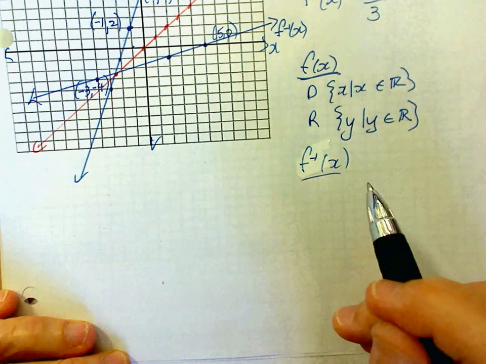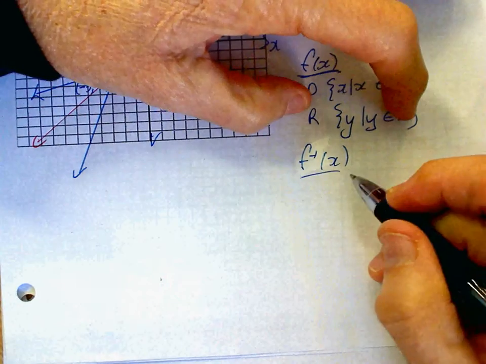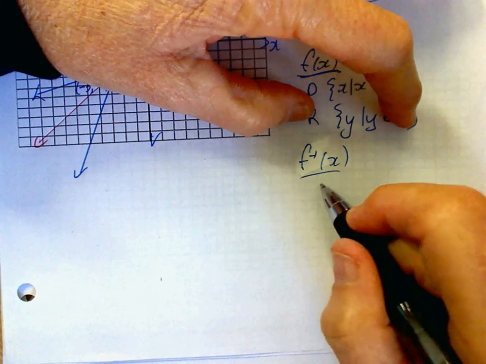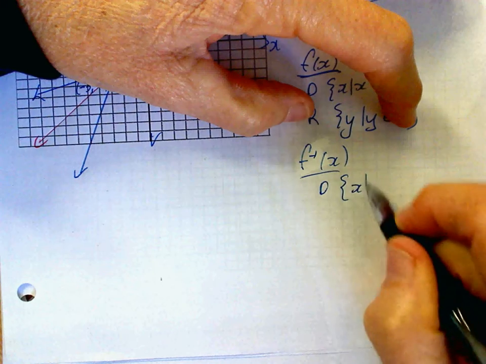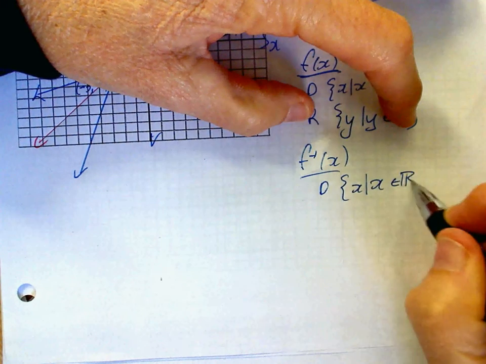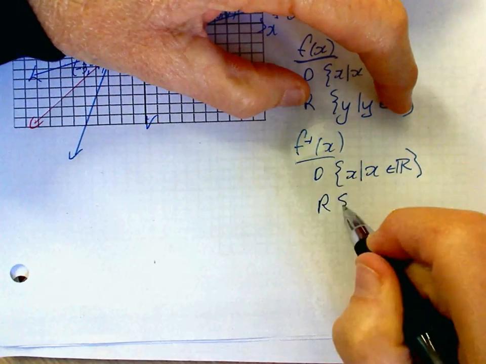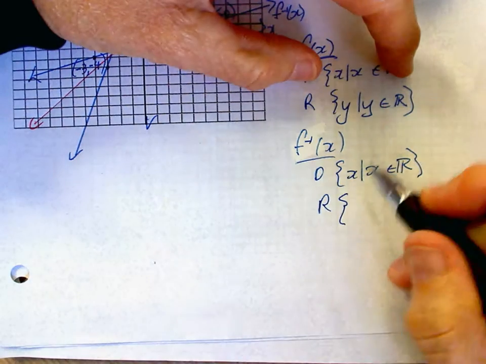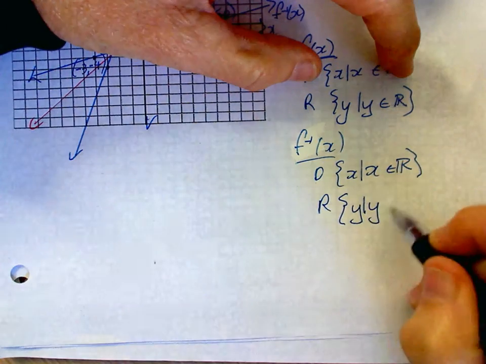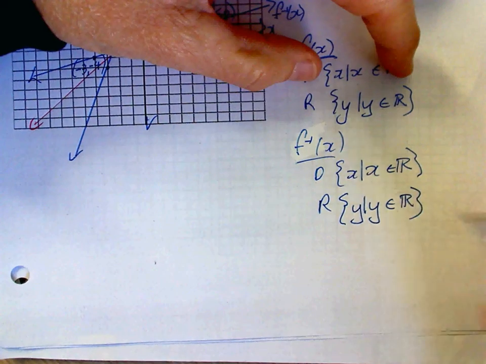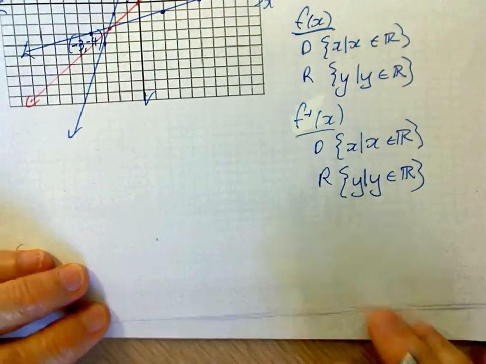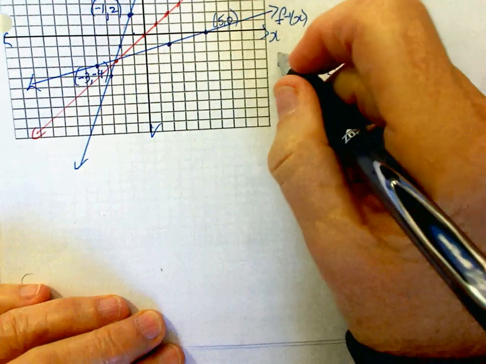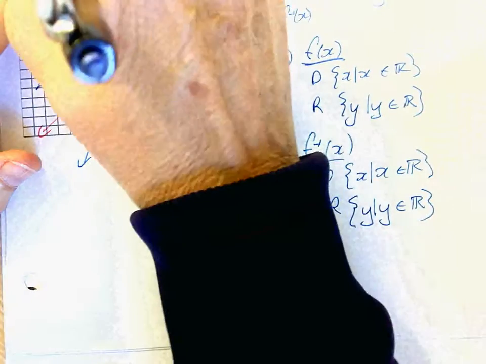The range of our original function f of x becomes the domain of the inverse, and the domain of f of x becomes the range of our inverse. It looks the same because they're both the same. And that was part C. This was part B. This is part D.